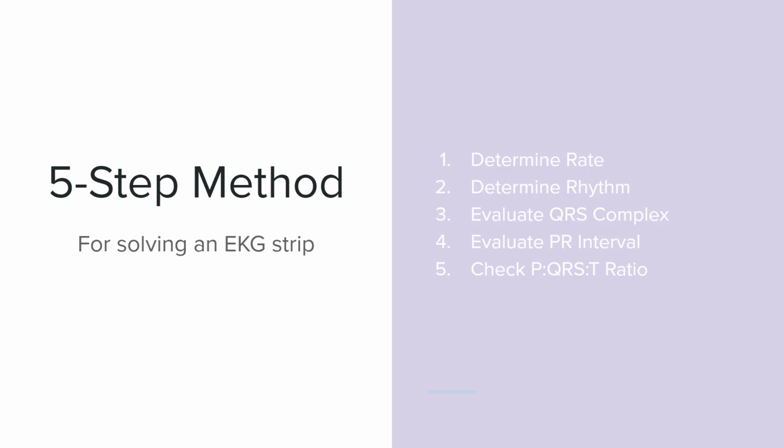So we're going to check out rate and rhythm first, and then we're going to evaluate that QRS complex, make sure that there is one. And then we're also going to look at the PR interval. And then we want to make sure that there is always a P, QRS, and a T ratio. So it should be a 1-to-1-to-1 ratio. There should be a P, and then a QRS, and then a T.